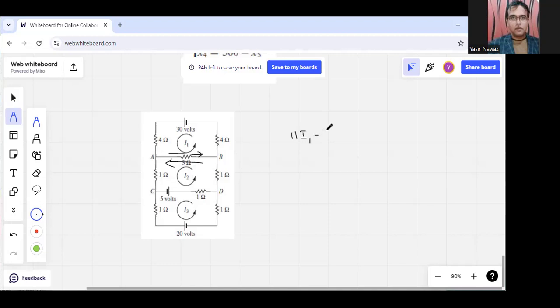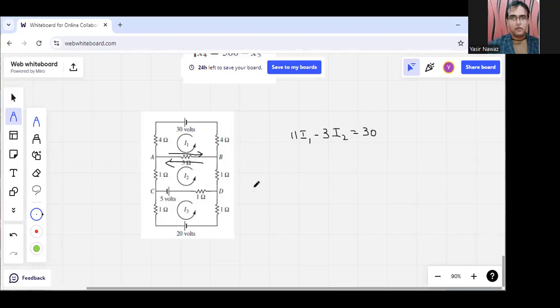So I2 would be 3, because here there is only one resistor, which has a resistance of 3 ohms. So that would be 3 into I2, and this equals the 30 volts. The battery is applied, so that equals 30.